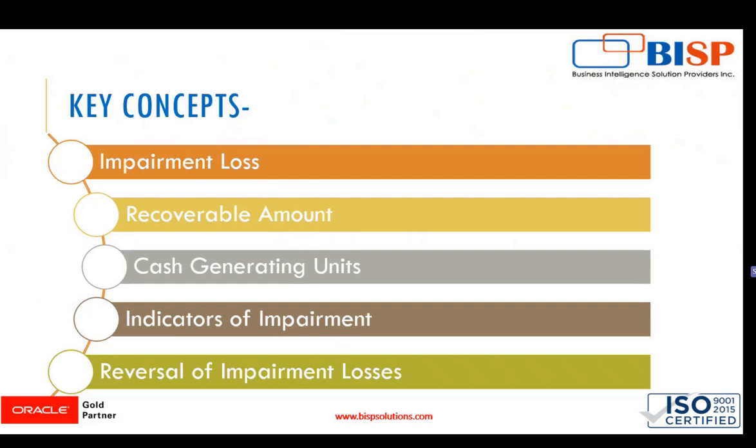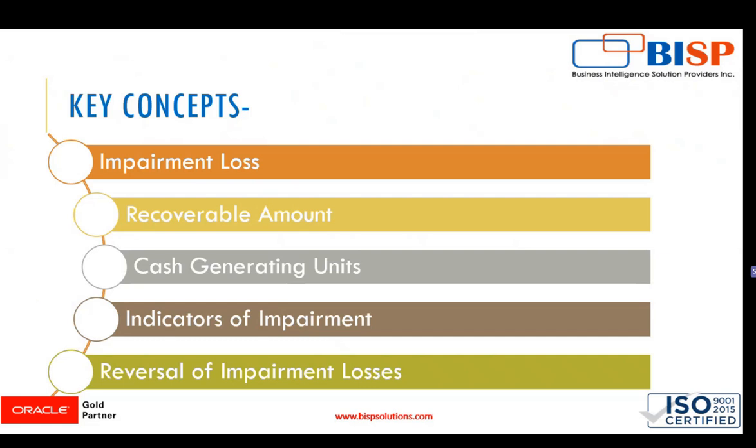Next is recoverable amount, the higher of, first, fair value less cost of disposal, which is FVLCD, the price that could be obtained from selling the asset after accounting for cost of disposal. Then value in use, the present value of future cash flows expected to be generated by the asset.